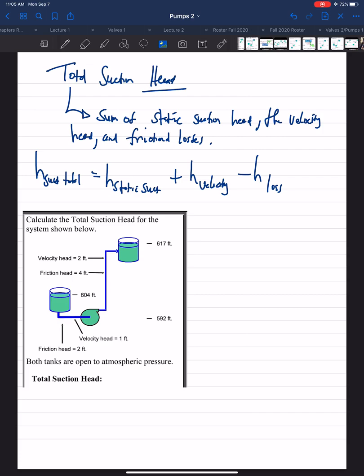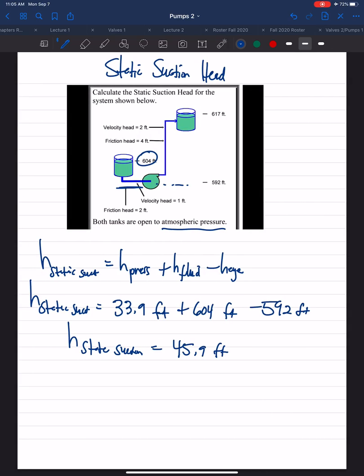So here, we want to calculate the total suction head for the system below. We previously calculated the static suction head. We determined that to be 45.9 feet.